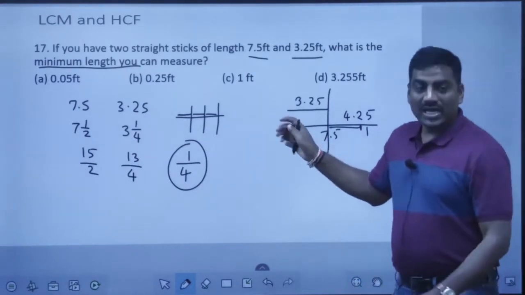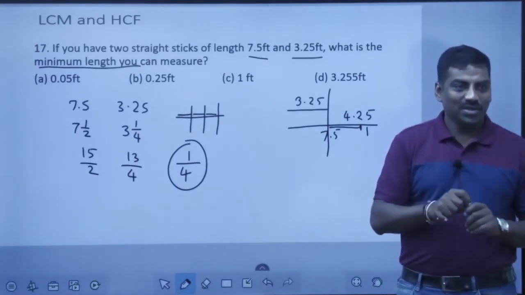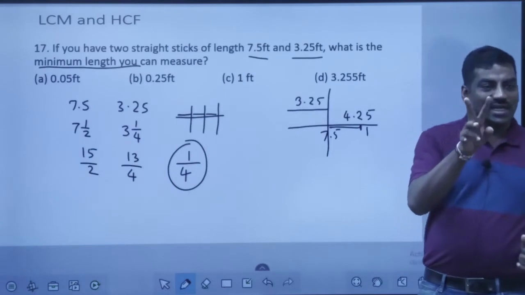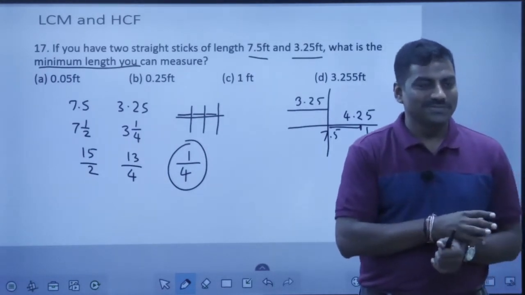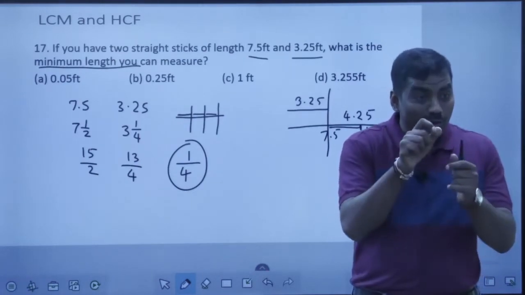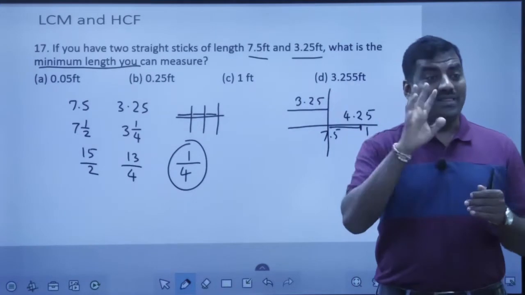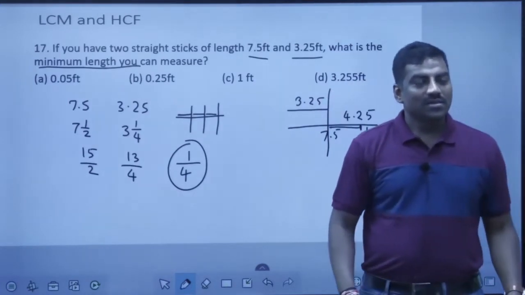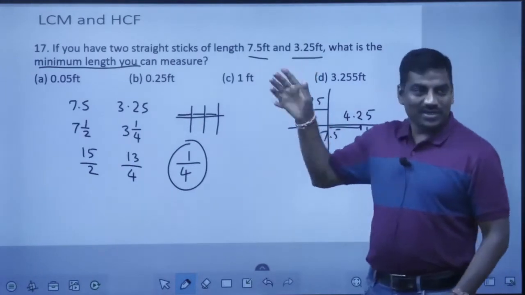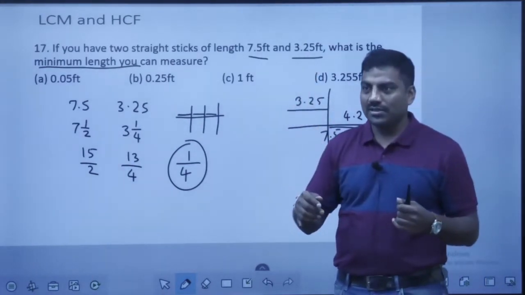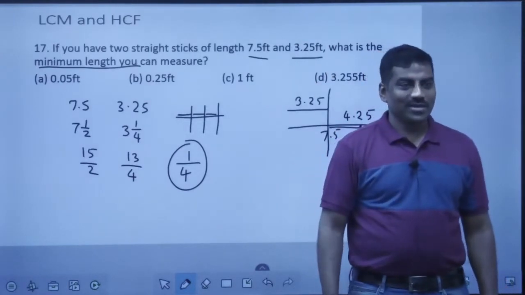See, we are allowed only to break the stick here. You can ask me, sir, in 0.25 also, you can break into pieces, no? But we don't know the exact measurement. If you are asking for the maximum length, then there is no end. You take a 7.5 meter stick, you can measure anything in the world.